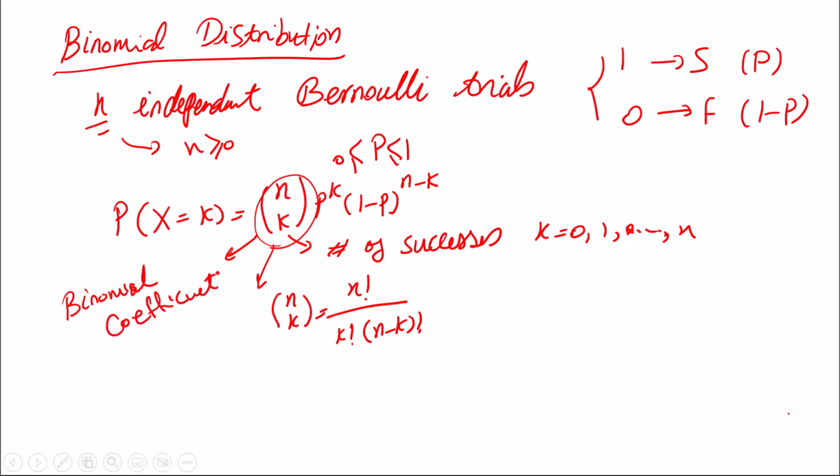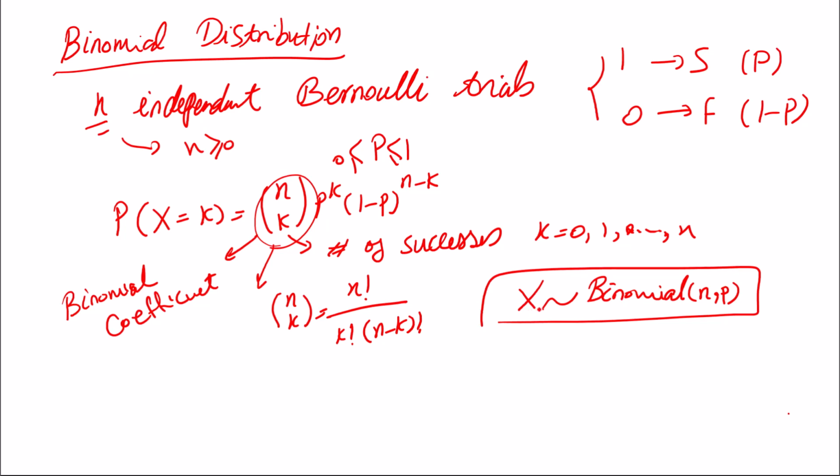For the binomial distribution, we write X, a random variable, follows a binomial distribution with parameters n and p, right? So we read this as X follows a binomial distribution with parameters n and p. This models the number of successes in n independent Bernoulli trials, and each one has a probability of p.